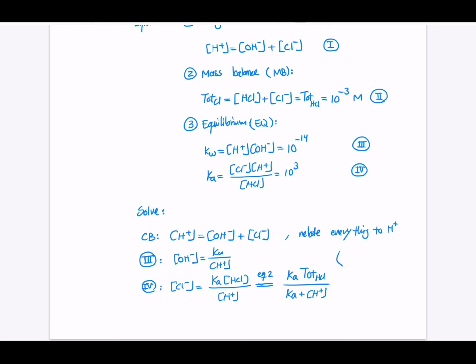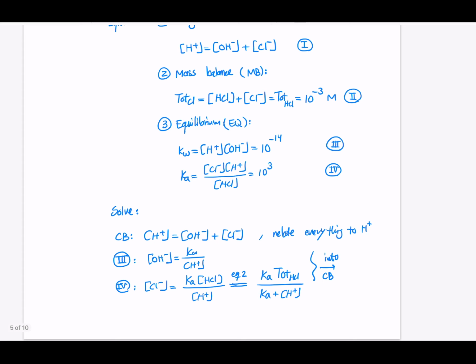So if we combine these two into the charge balance, then we get to this equation. H plus as it is, then OH minus would be KW over H plus. The other term would also be Ka times total Cl divided by Ka plus H plus.